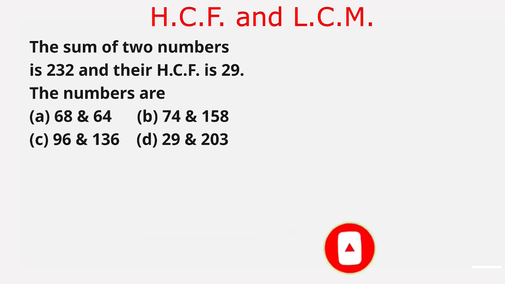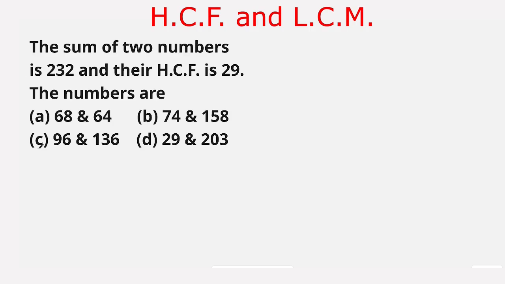We can easily solve this question from the given options. As the HCF is 29, it means that all the numbers must be divisible by 29. In option A, 68 and 64, both are not divisible by 29. In option B, 74 and 158, both are not divisible by 29.